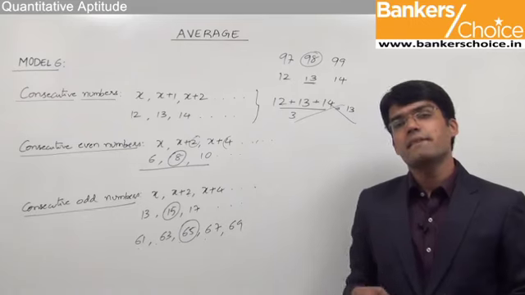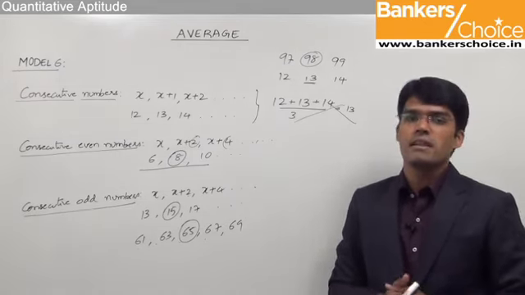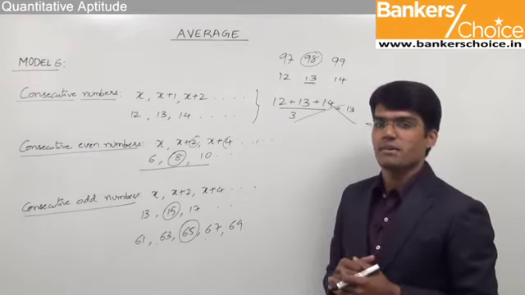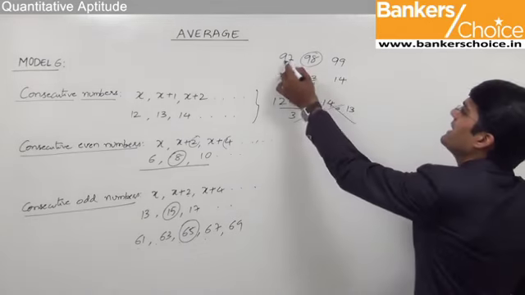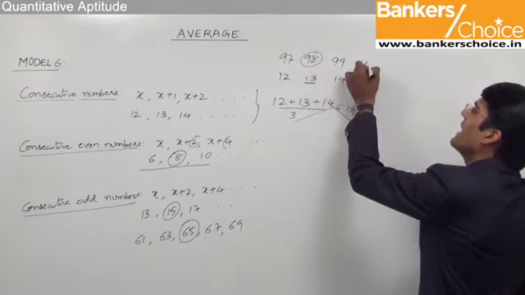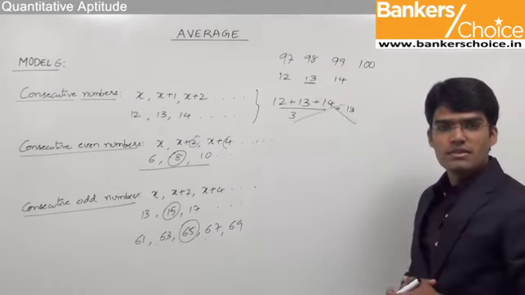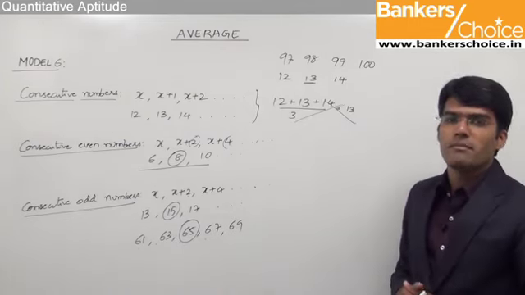But in case if we have even number of consecutive numbers, then there is not one middle number. So how to find out the average in such a case? Let us take an example. For example, let's say the 4 consecutive numbers are 97, 98, 99 and 100. Now how to find out the average of these 4 numbers? As you can see here, we do not have one particular middle number.